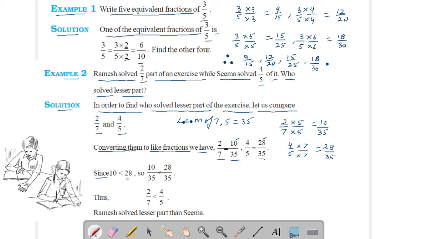Since 10 is less than 28, 10 upon 35 is less than 28 upon 35. Thus 2 upon 7 is less than 4 upon 5. So Ramesh solved a lesser part than Seema. This is your answer.